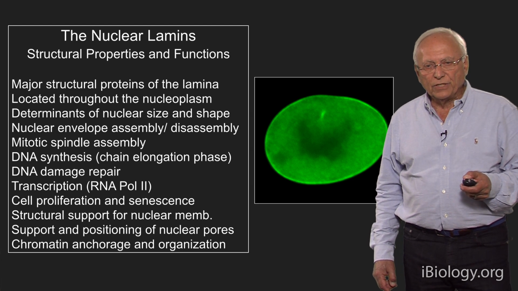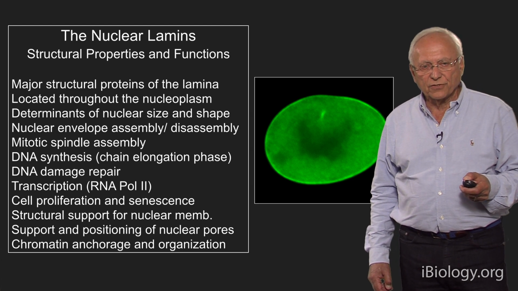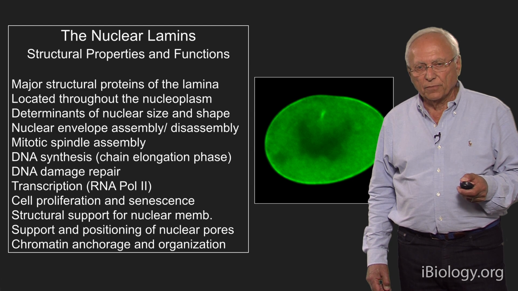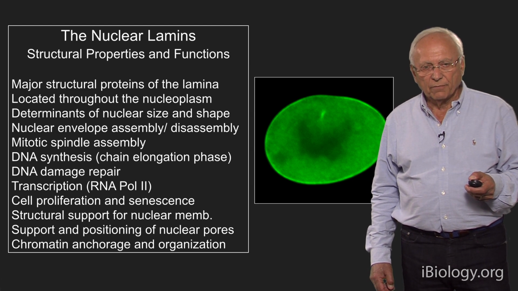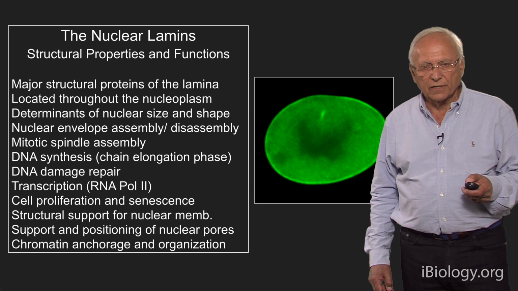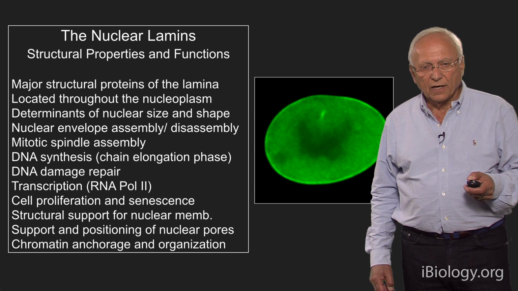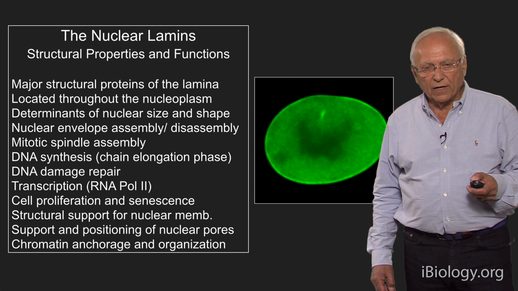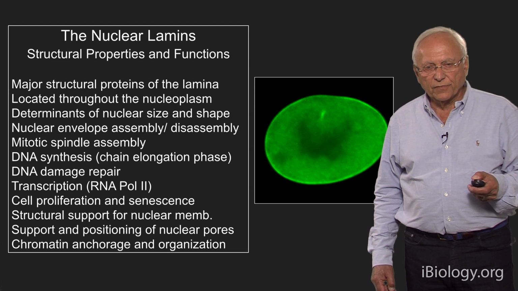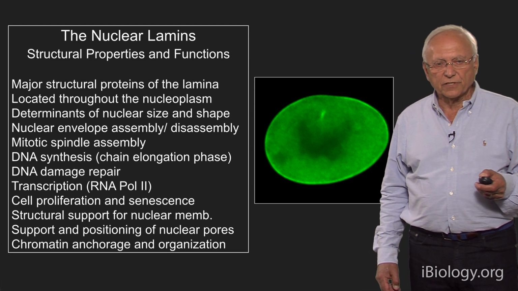And we know the determinants of nuclear size and shape, we know that nuclear envelope assembly and disassembly is regulated to a great extent by the nuclear lamins, and this has been shown by numerous laboratories. They are involved in the formation of the mitotic spindle. They're involved in DNA synthesis, specifically at the chain elongation phase of synthesis.